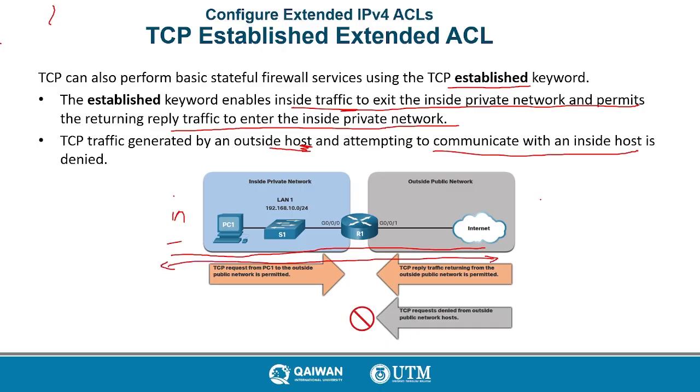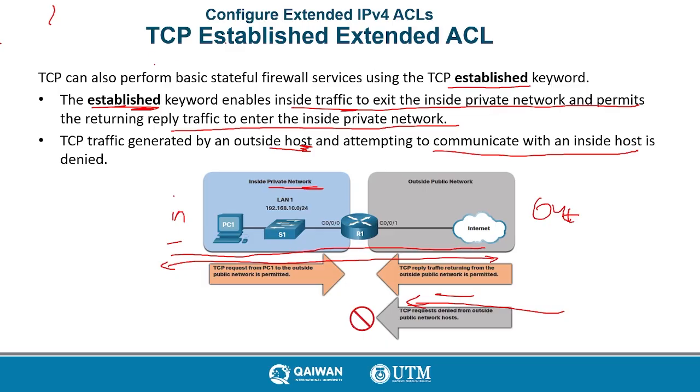However, when it is from the outside, it will not be allowed to enter my private network. So the established keyword lets the inside private network packets go outside and return back, but it will not allow the outside packets to enter my private network.